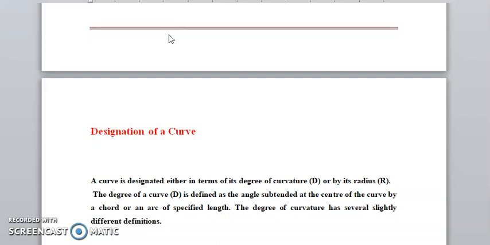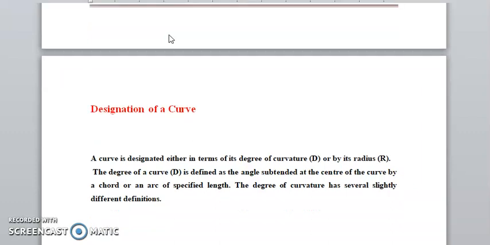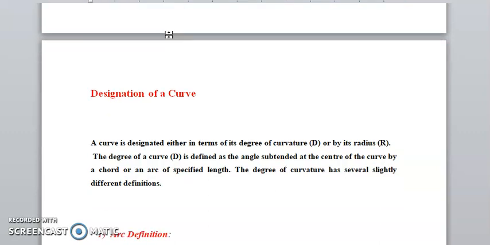A curve is designated either in terms of degree of curvature or by radius R. The degree of curvature D is defined as the angle subtended at the center of the curve by a chord or an arc of specified length.